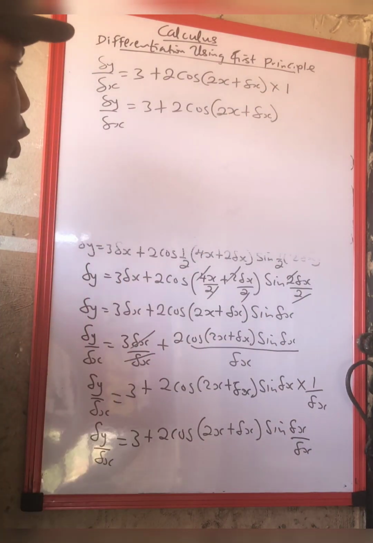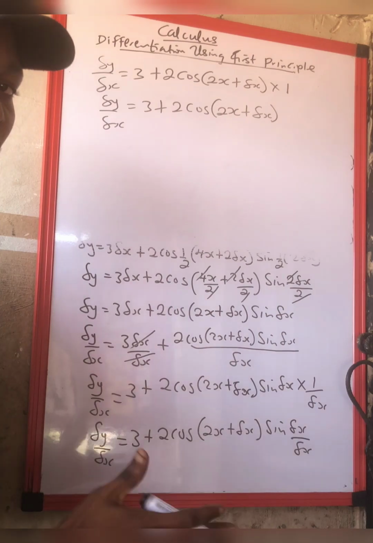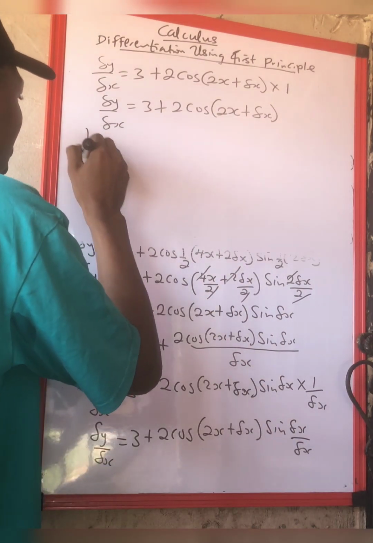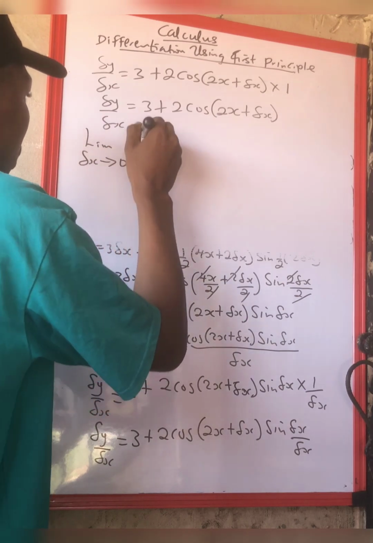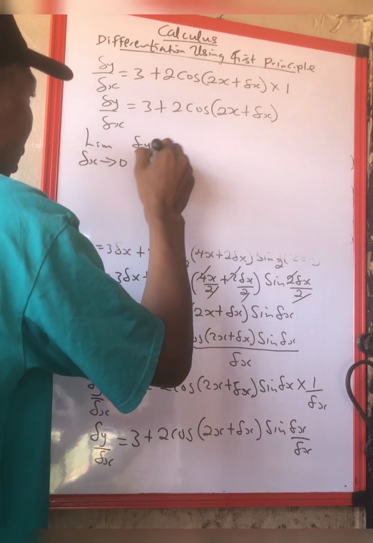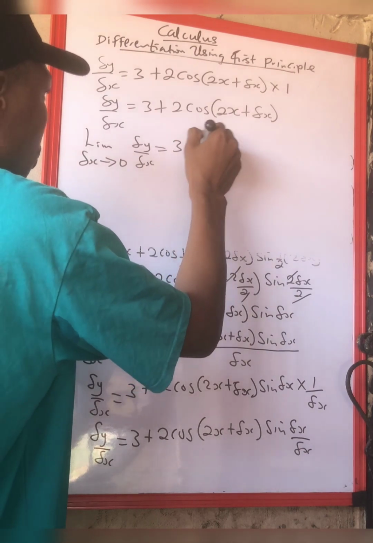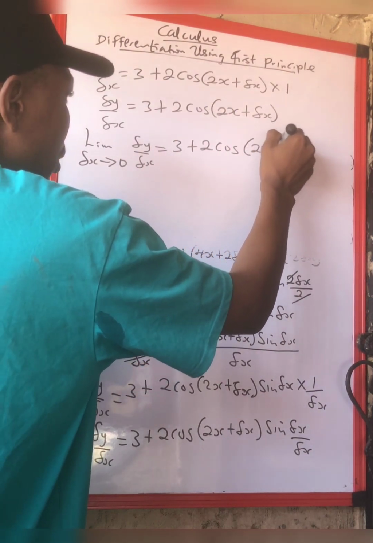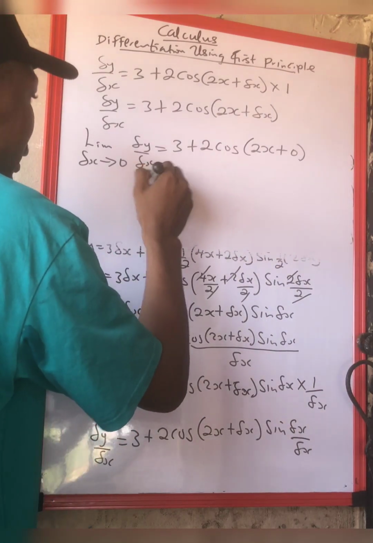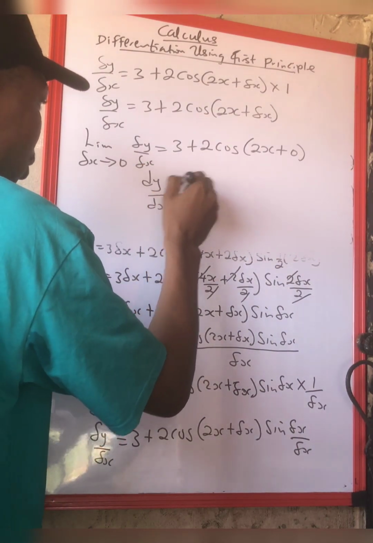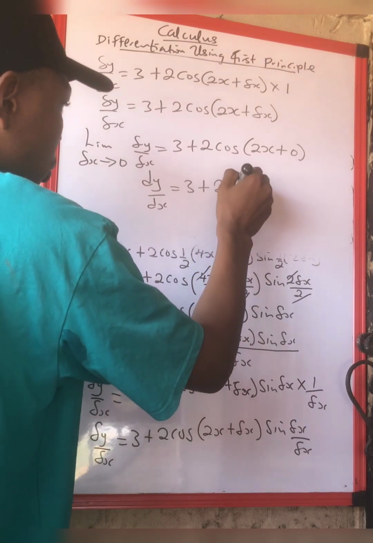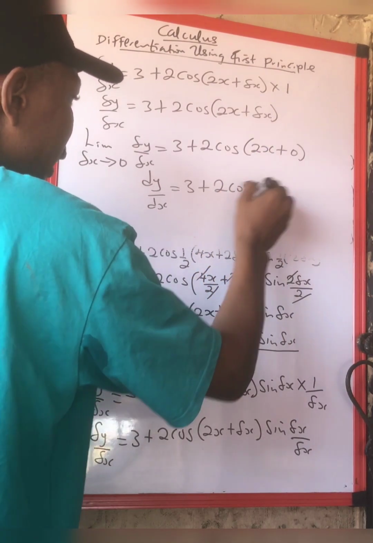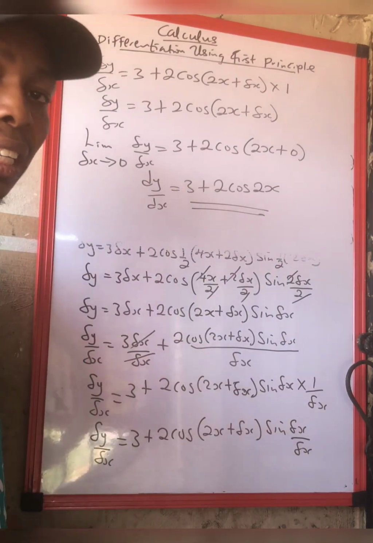Now that you are still having Δx in your expression after you divide, you take the limit as Δx approaches 0. It becomes the limit as Δx approaches 0 of Δy over Δx equals 3 plus 2 cos brackets 2x plus 0. So our dy/dx is going to give us 3 plus 2 cos 2x plus 0, which is 2x. So that is our final answer.